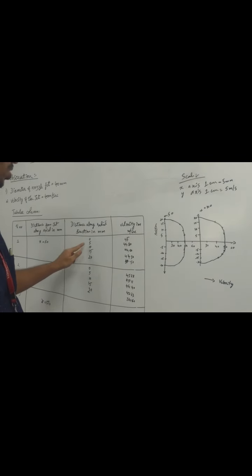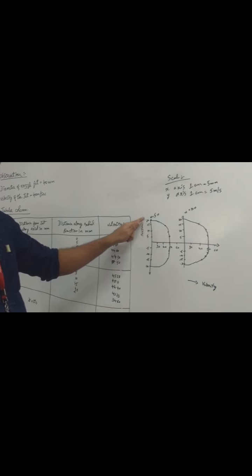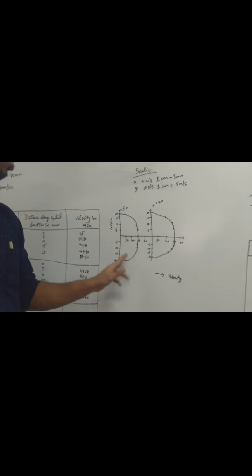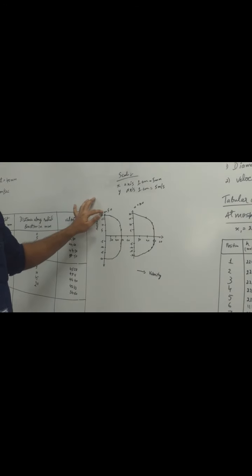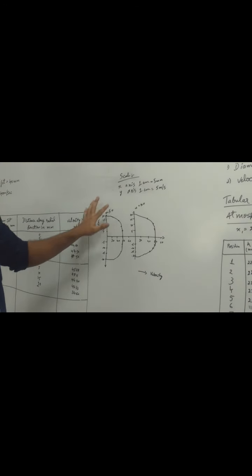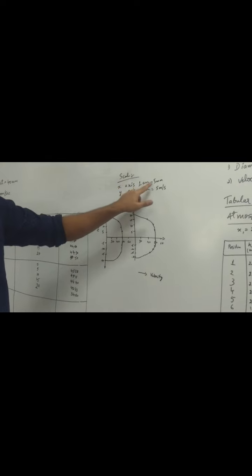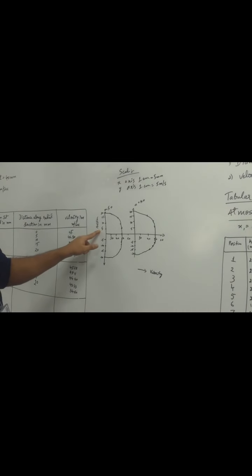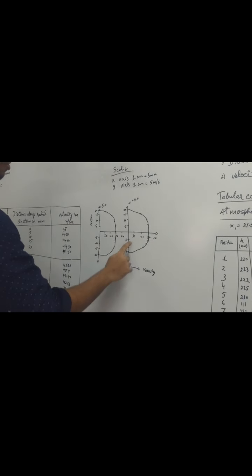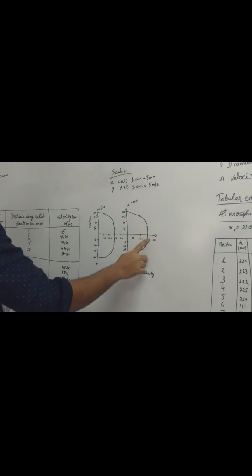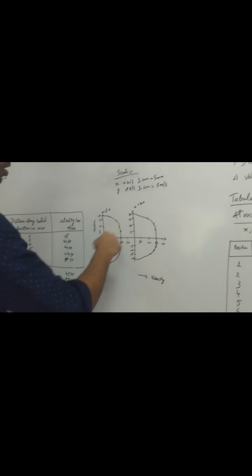The values 0 to 20, and this is the velocity. This is x is 50, and the scale is on the x-axis 1 centimeter is equal to 5 mm, and 1 centimeter is equal to 10 meter per second.